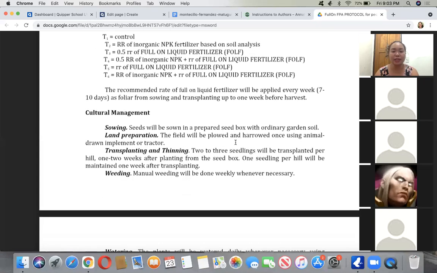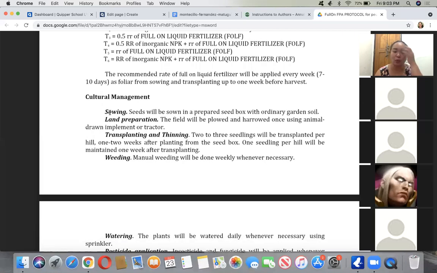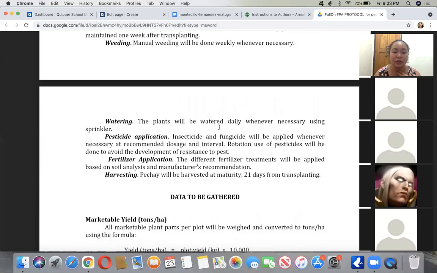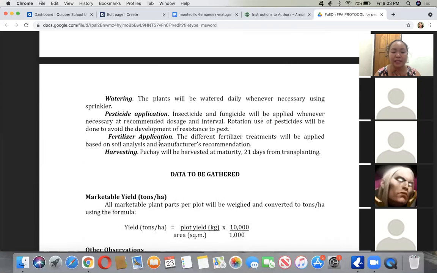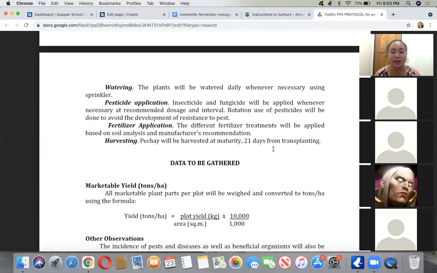And then you enumerate the different cultural management using good agricultural practices. So you start with sowing. So paano ka nag-sow? Paano you prepare ang land, transplanting and thinning, weeding, watering, pesticide application, fertilizer application, at kailan ka nag-harvest, no?